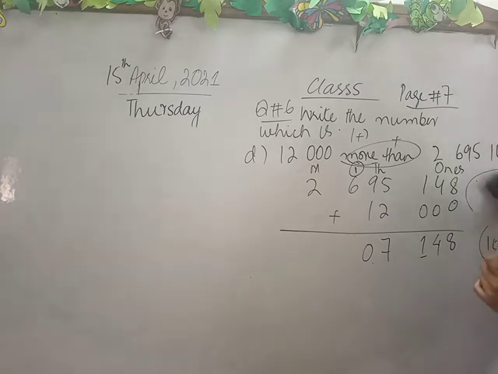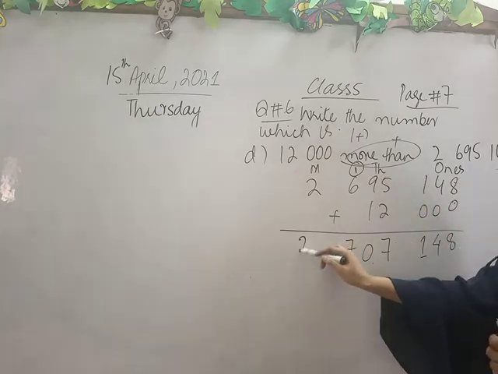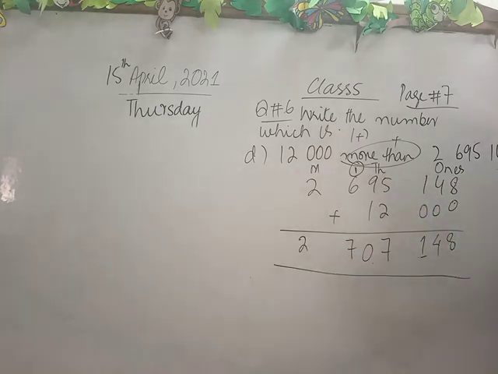Now the next number, 6 plus 1 which is equal to 7. Fine. Now the next number which is 2 as it is. In the end we have 2 space 707 space 148 and we can read this total number as 2,707,148. Okay class.